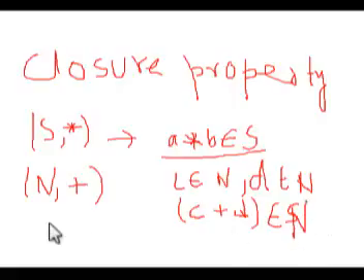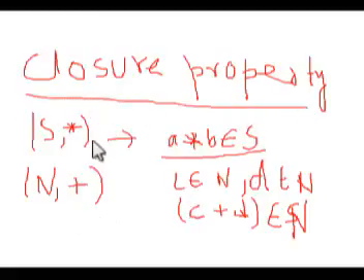If another binary operation and another set satisfy this, they satisfy the closure property.